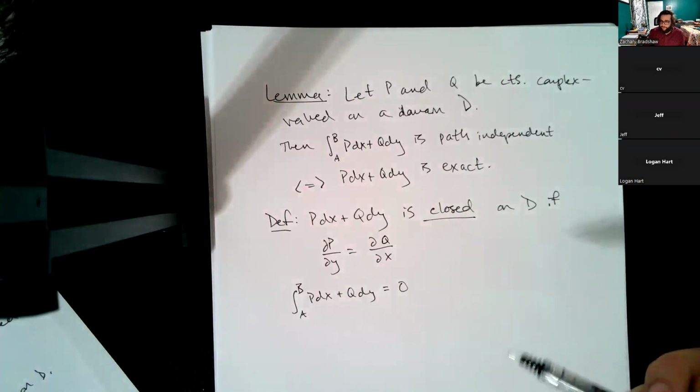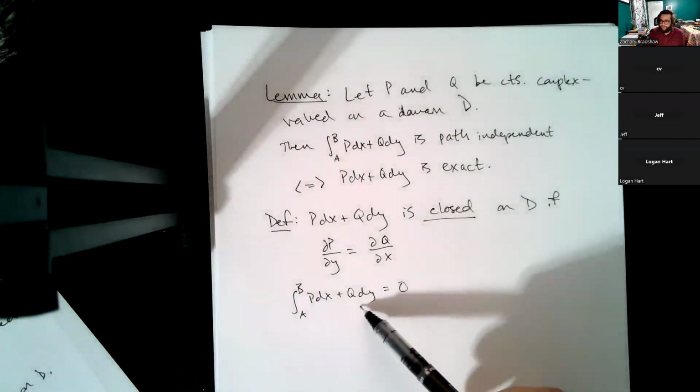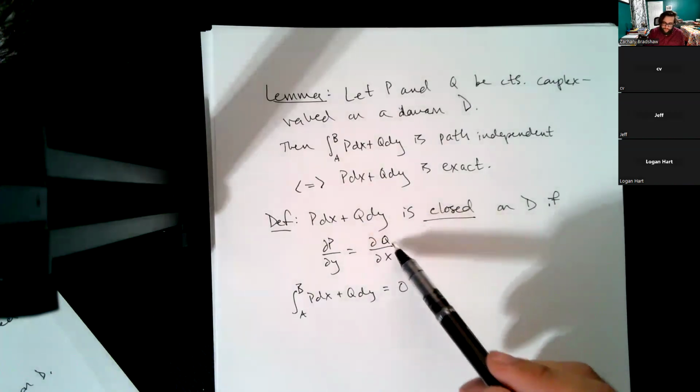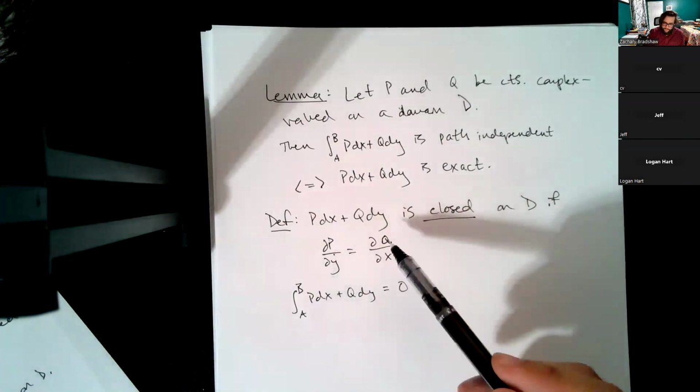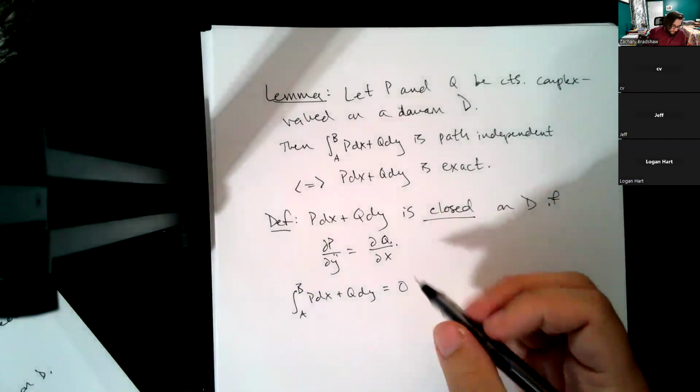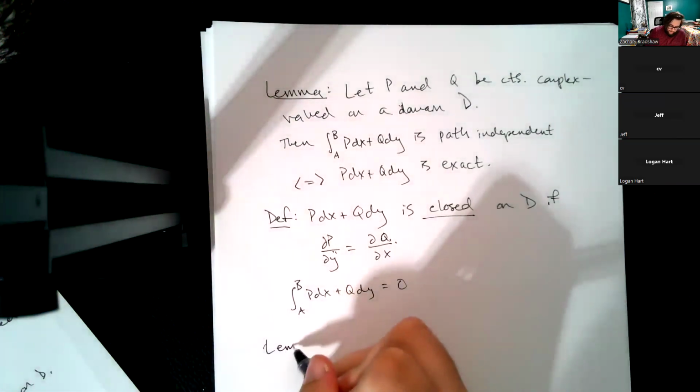And this follows from Green's theorem, which allows us to rewrite this as the double integral of this one minus that one. No, other way. This one minus that one. Okay. Here's another lemma.